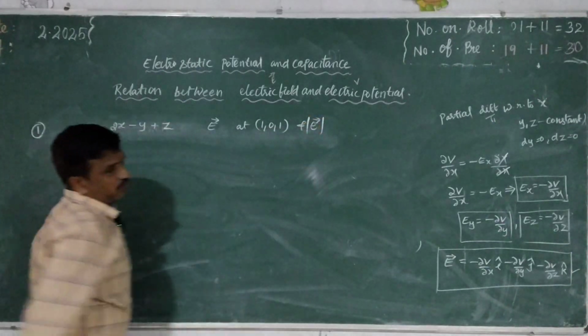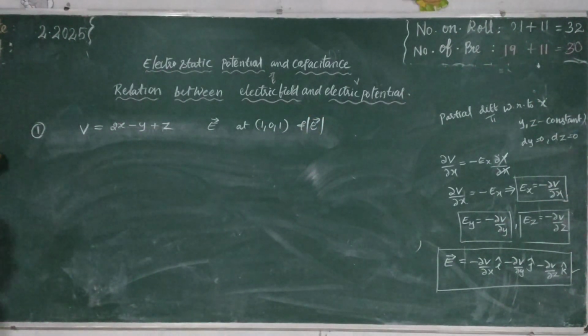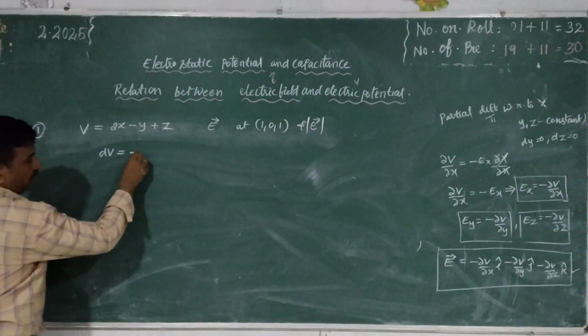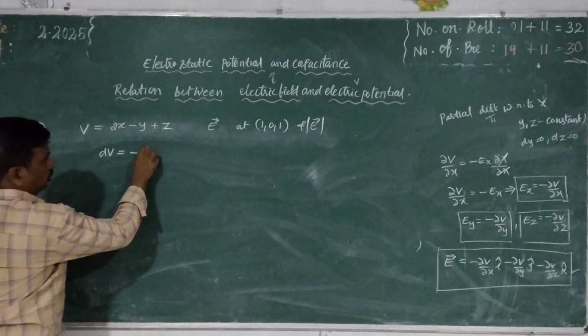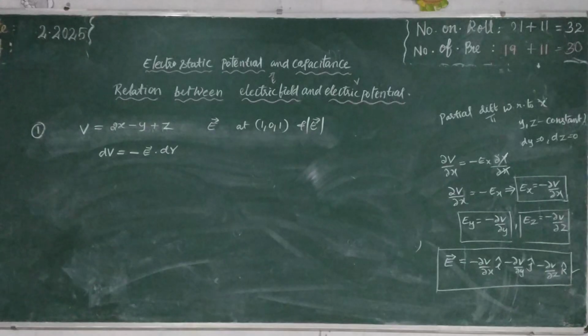See here, the potential is given and we want to find the electric field. For that what can we use now? First, the formula dV equal to minus E dot dr we can use.